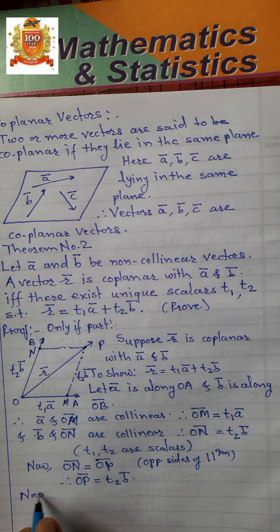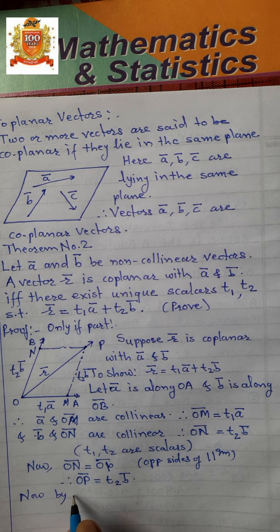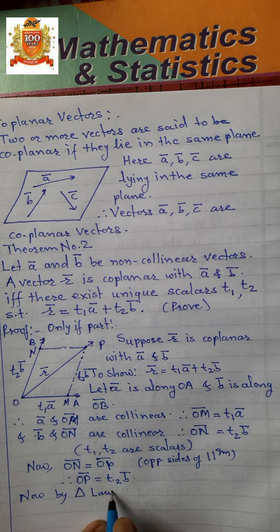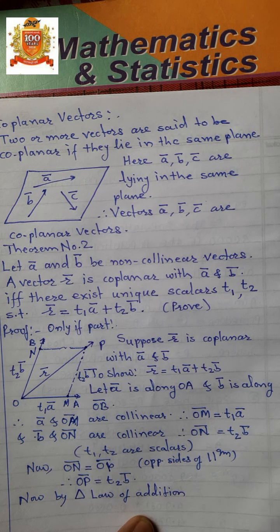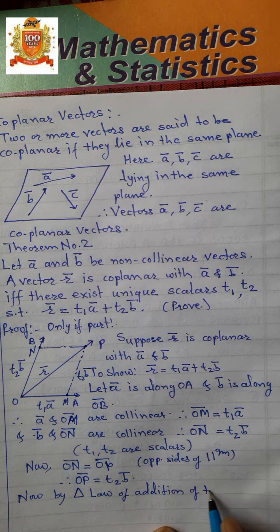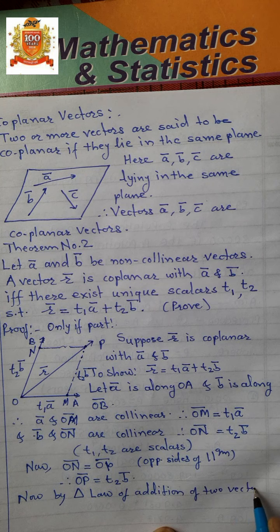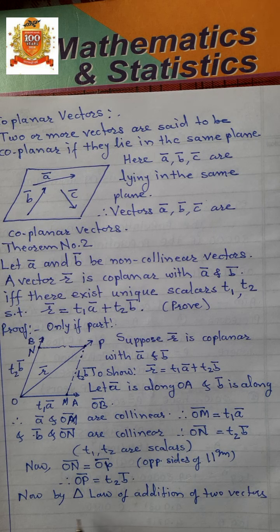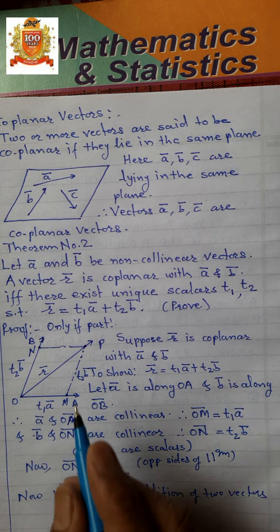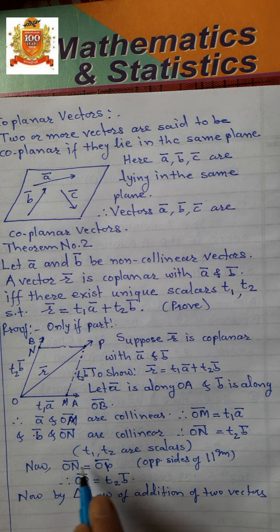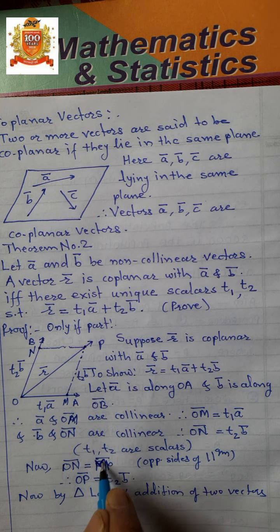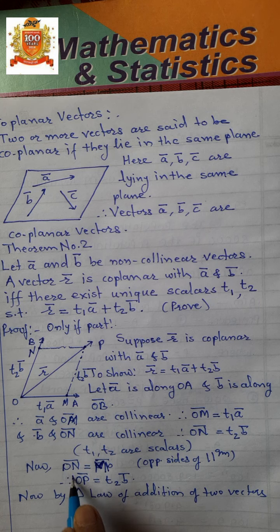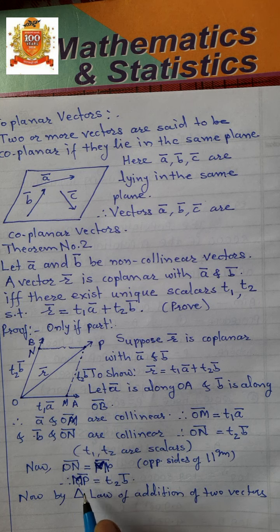Now, by triangle law of addition of two vectors, no, here, ON bar is equal to MP, not OP. Here instead of OP you have to write MP.